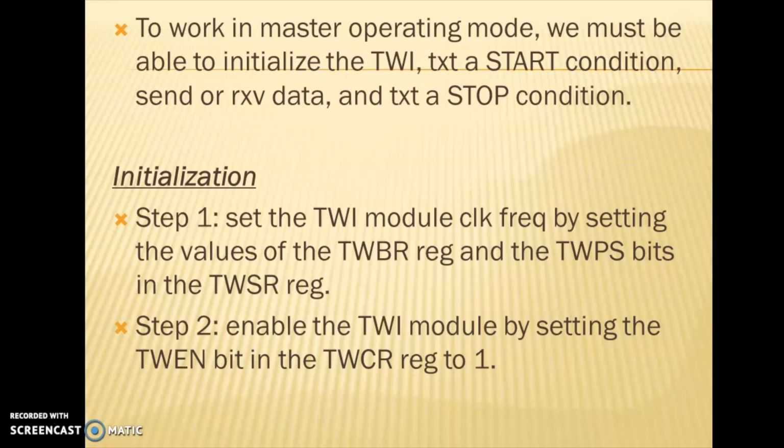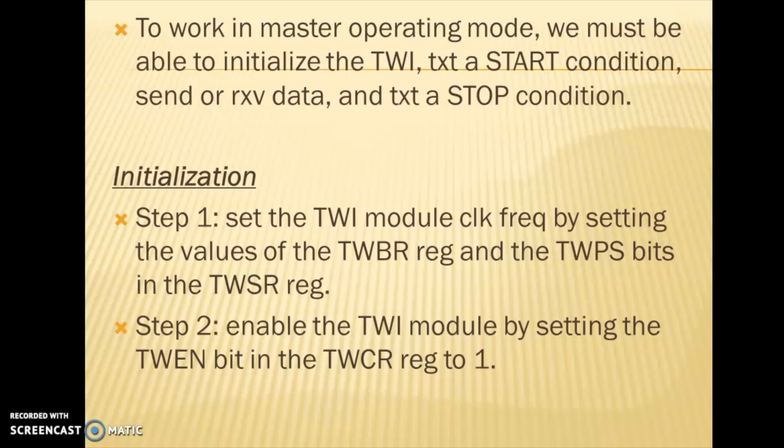So in this video we are discussing only the master operating mode, that both transmission and reception we will be discussing. So first step is the initialization. In the initialization we got two steps. We set the TWI module clock frequency by setting the values of TWBR register.